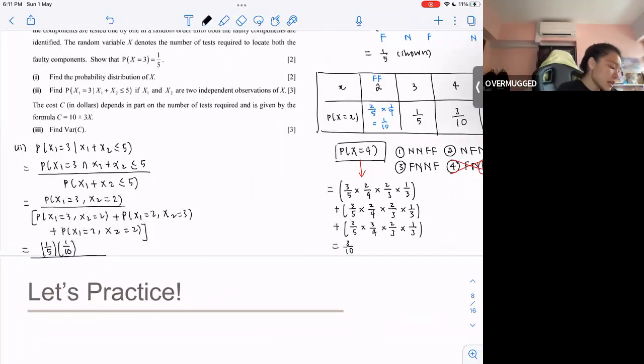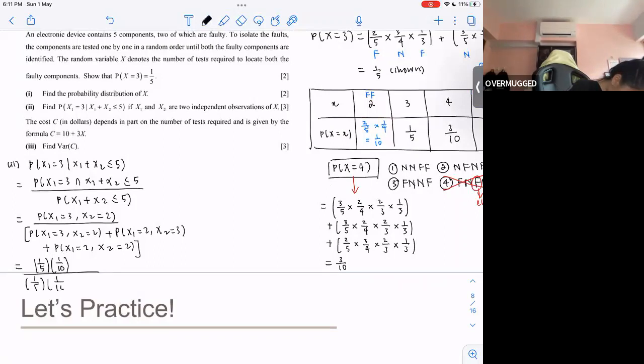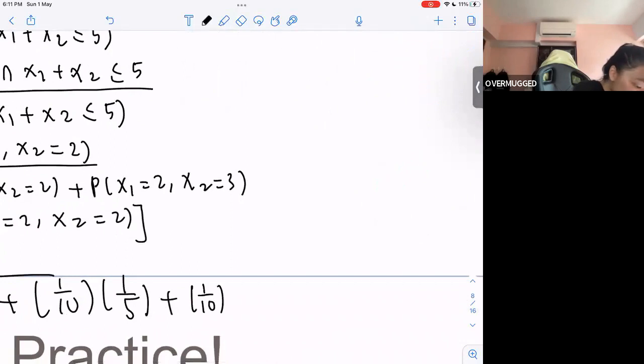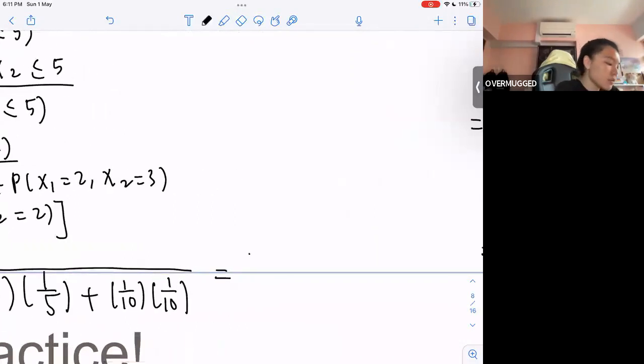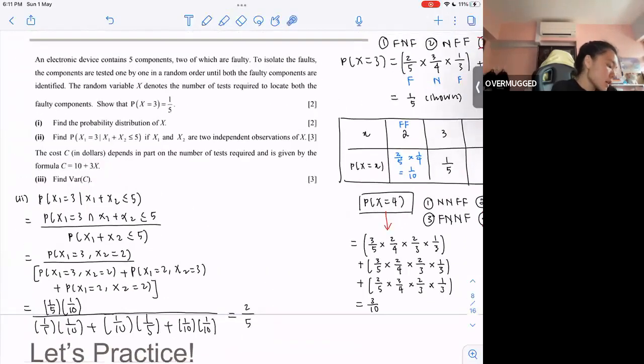Then x1 being 3 is 1 out of 5, and then 1 out of 10 also. Then x2 being 2 first, 1 out of 10 times 1 out of 5, correct? And then the last scenario will be 2 and 2, which will be 1 out of 10 times 1 out of 10, using a probability distribution table. So go and calculate this out, and you should get 2 out of 5 as your final answer for your probability over here.